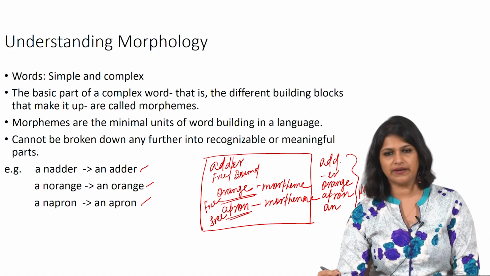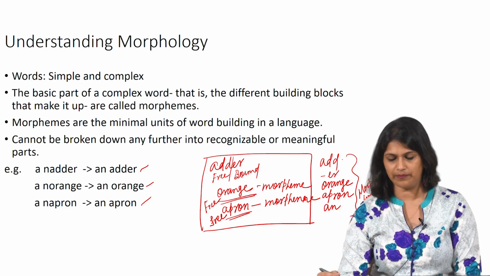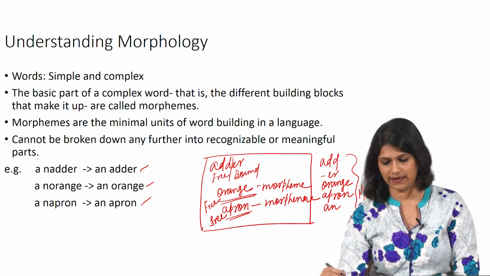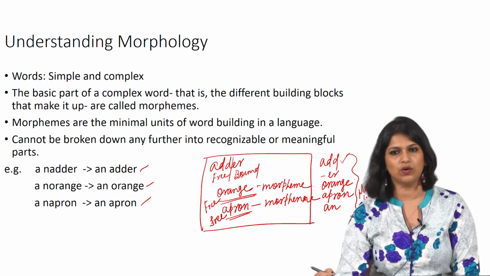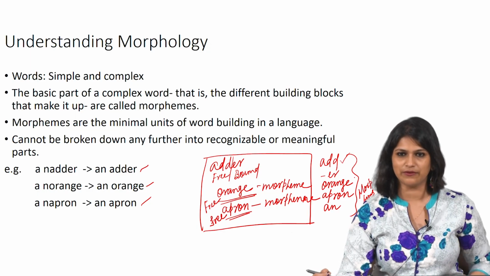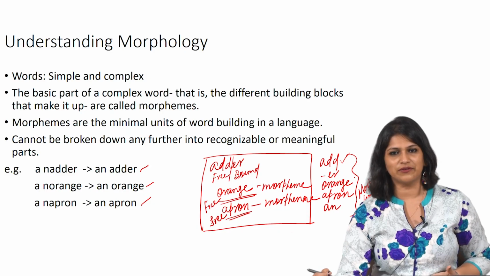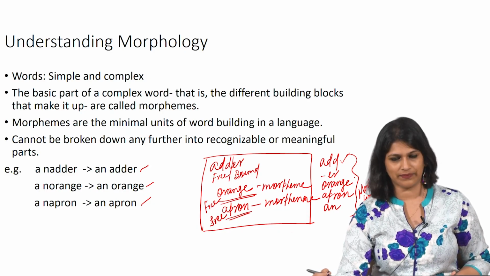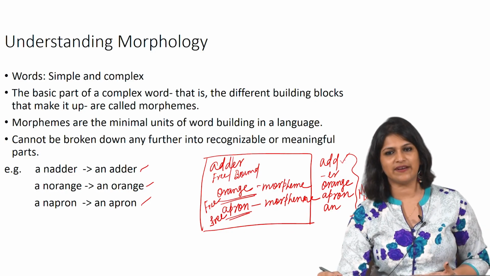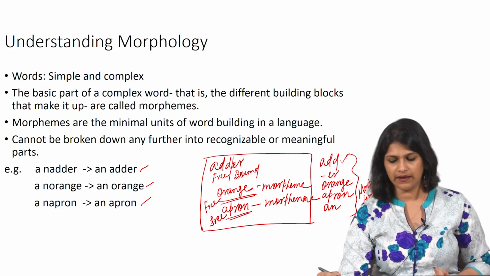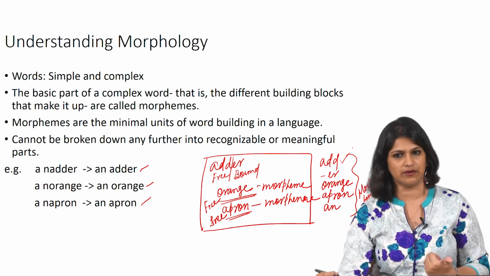Add, we have already defined it as a morpheme, but do you think it's also a word? Yes, add is also a word. Why? What is the definition of a word? If you can recall, a word is a combination of a few letters which has some meaning. Okay, so it also satisfies the definition of word. It also satisfies the definition of morpheme. Okay, so we'll put a tick over here.